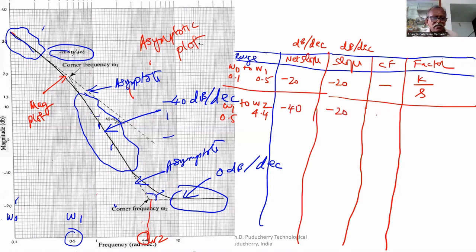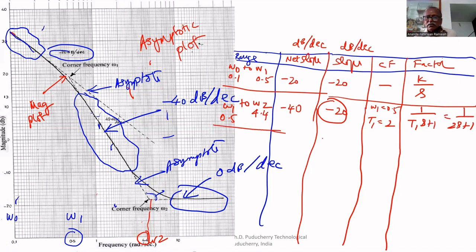Therefore, the corner frequency is omega 1, equal to 0.5. Therefore, T1 equal to 1 by 0.5, that is 2. The factor is 1 by T1 S plus 1, that is 1 by 2 S plus 1. We got one factor.